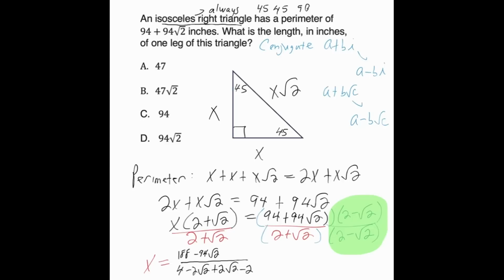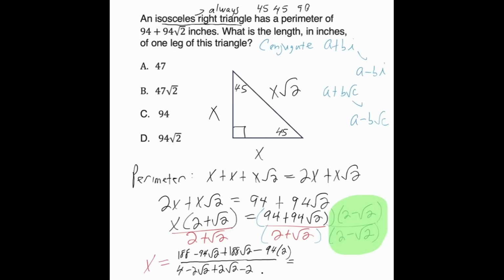Inner times inner, 94 root 2 times 2. So that's going to be plus 188 root 2. And last times last, that's 94 root 2 times negative root 2. So that's minus 94 times root 2 times root 2, which is 2.